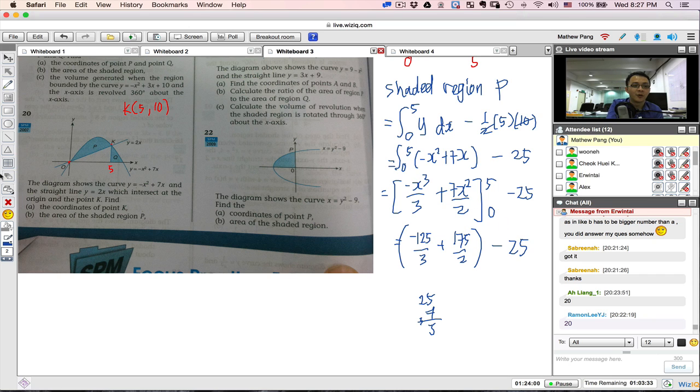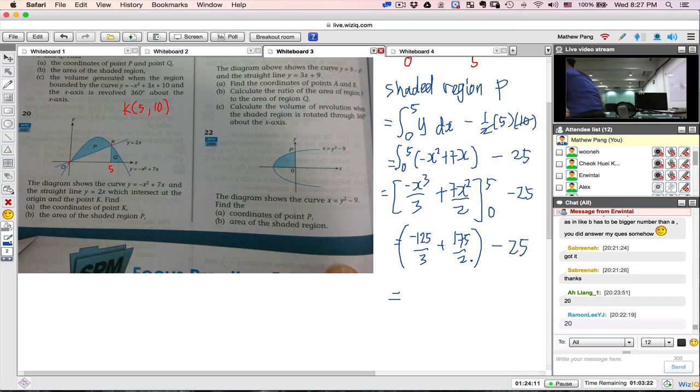Okay. Then, yes, then you just press the calculator. You should got the final answer. Just let me take my calculator. So I will got like 175 over 2 minus 125 over 3.